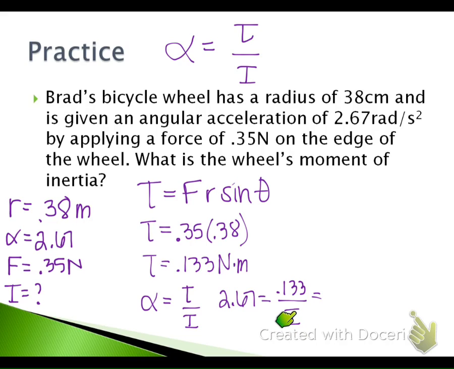When our variable's on the bottom and we need it switched, we just switch this I and the 2.67. So then it will read I equals 0.133 divided by 2.67. That's what I got. And moment of inertia units?